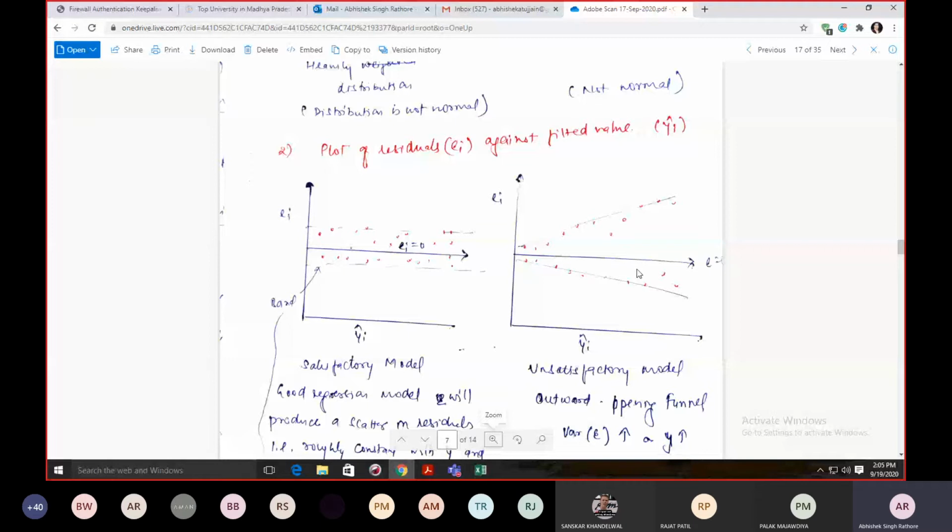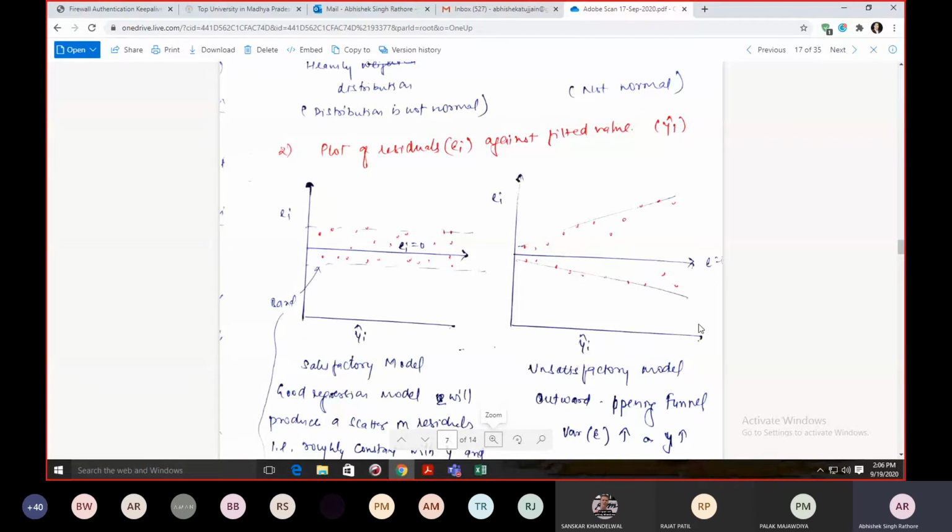When the variance of your error increases, your estimated y increases. Let's say my variance increases here, so my estimated value of y increases, or my variance decreases over here, my value of y again increases. So we do not have a constant variance.